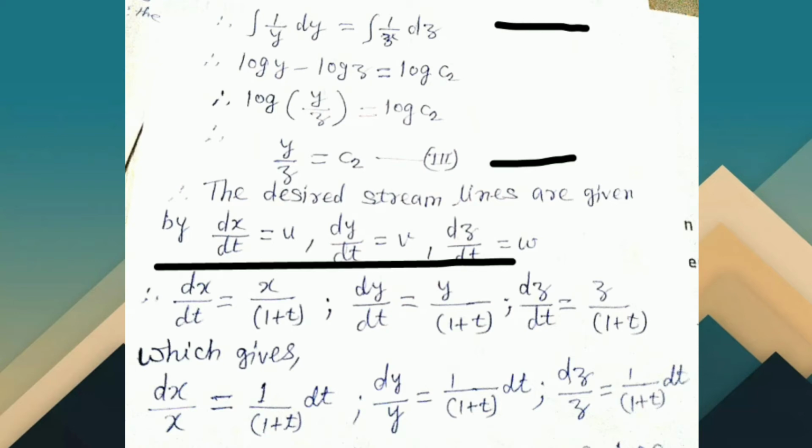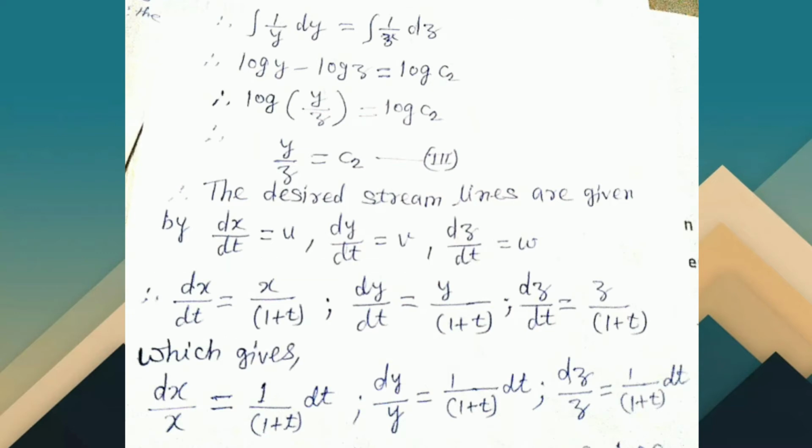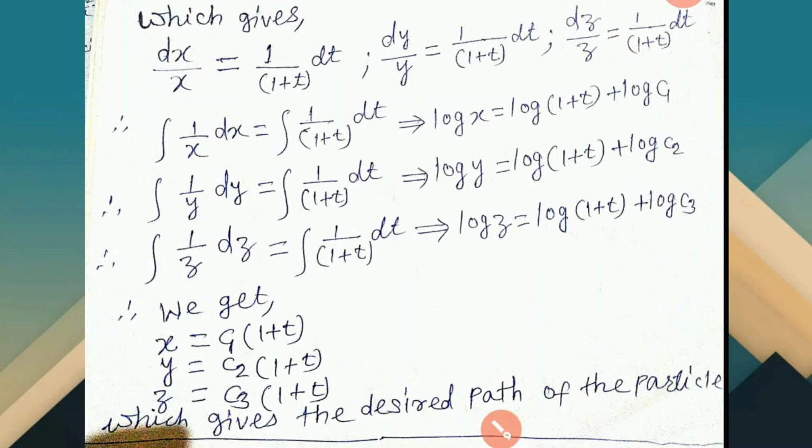So put these values in this equation. dx upon dt is equal to x upon 1 plus t, dy by dt is equal to y upon 1 plus t, and dz by dt is equal to z upon 1 plus t. That gives dx upon x is equal to 1 upon 1 plus t dt, dy upon y is equal to 1 upon 1 plus t dt, and dz by z is equal to 1 upon 1 plus t dt.